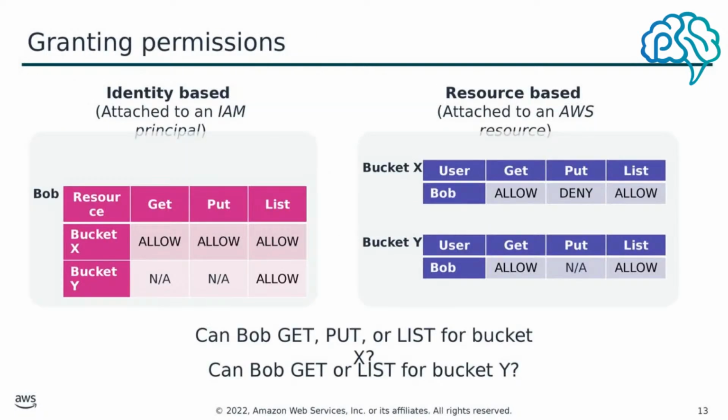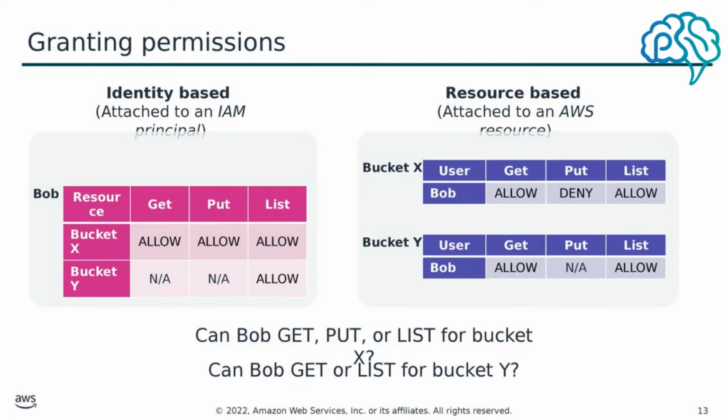In terms of granting permissions, this is another thing to consider, which is, can you actually support both the identity-based permission and the resource-based permission? And let's talk about the differences between identity-based and resource-based policies. They're basically identical, but there are some slight differences.